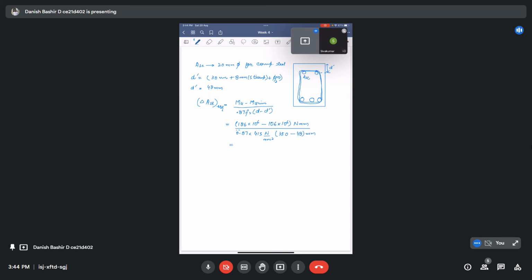From this we get delta AST required as 734 mm square.